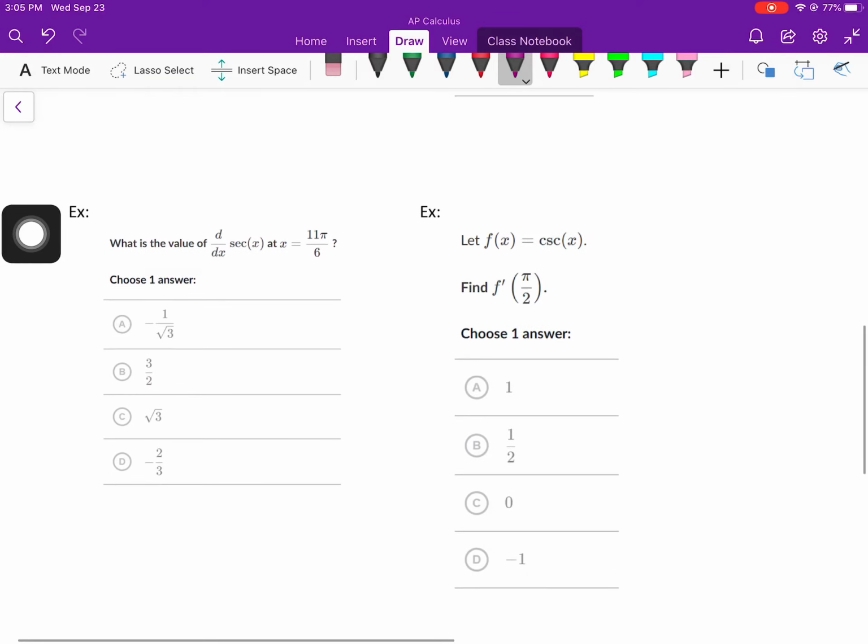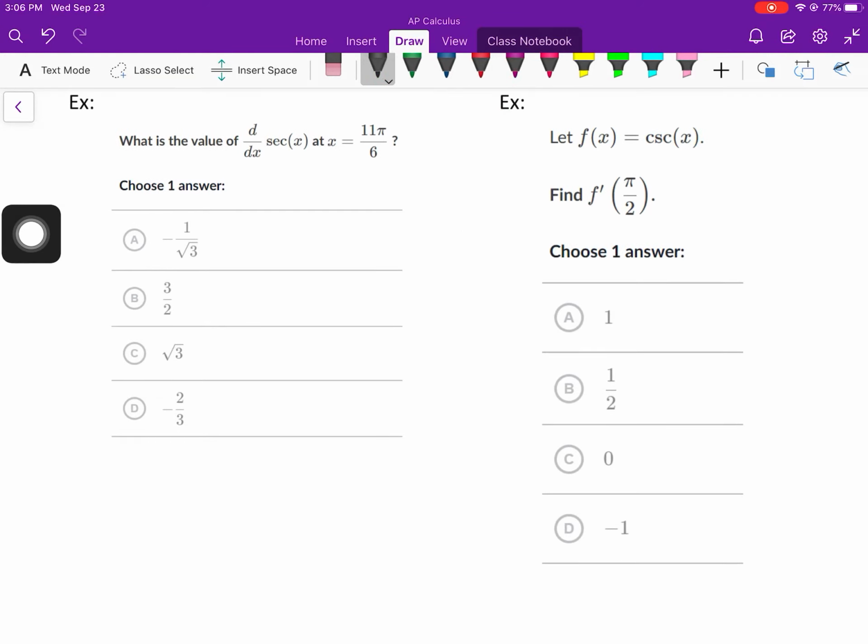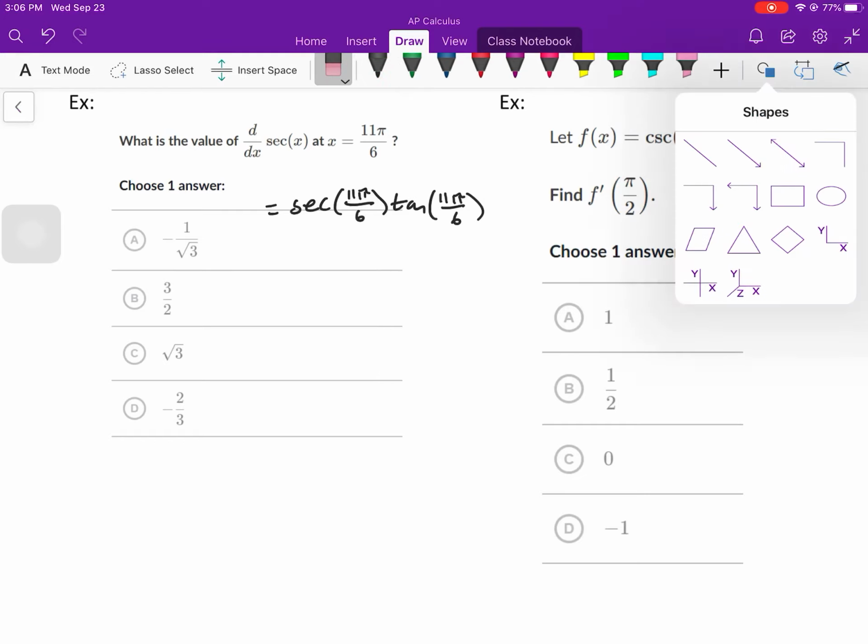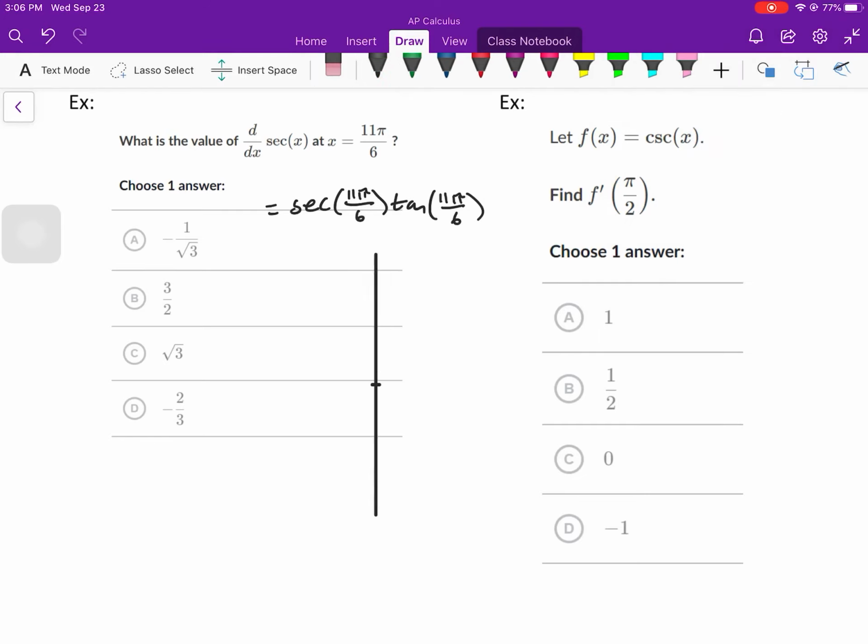Cotangent, very similar. Secant, so the derivative of secant is secant tangent. So for AP, you're going to draw your unit circle.